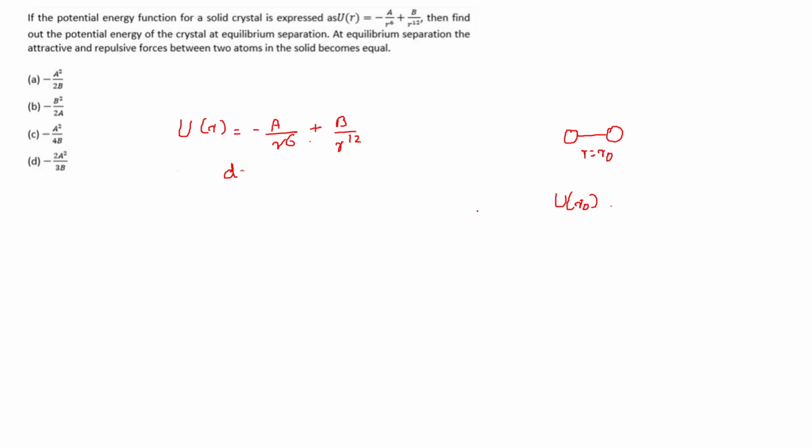The derivative of the potential energy, that is dU by dr at r is equal to r0, is equal to 0. Now we have to find the first derivative of this potential and equate it with 0. So find the derivative first, then we will discuss the values.